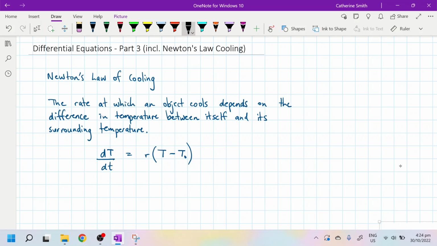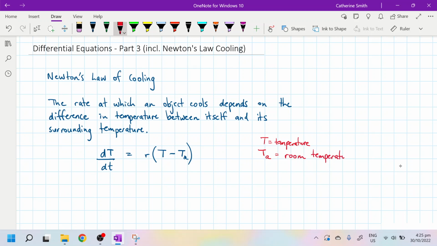So what this means is that the rate of change of the temperature, in this case capital T, stands for the temperature of the object. TA, I've got T naught in this book, we'll make it TA, stands for the ambient temperature. That is the room temperature, or the temperature surrounding.